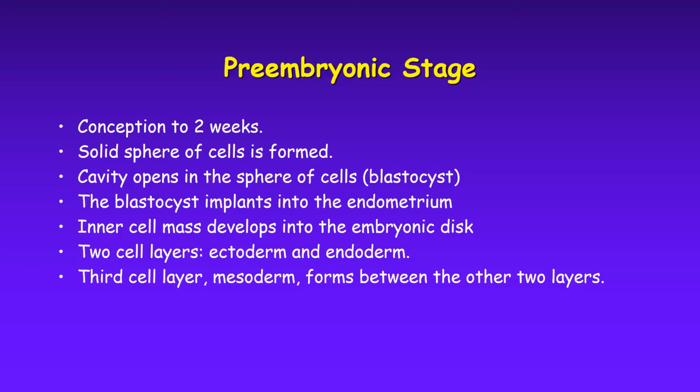A cavity opens up in that sphere, and that's when we call it the blastocyst. It implants into the endometrium. The inner cell mass develops into what's called the embryonic disc. Eventually you get the first 2 layers, an endoderm and an ectoderm. And then you eventually form a 3rd layer, mesoderm, in between the endoderm and ectoderm.